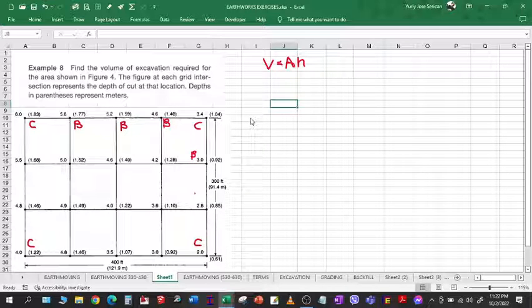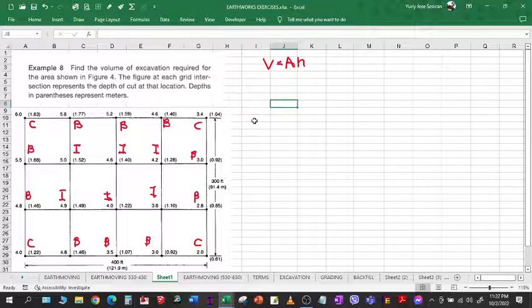Okay, border points, and we have interior points. Alright, so let's try to tabulate the data.